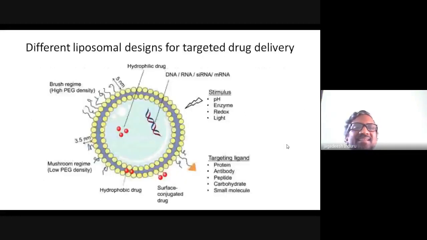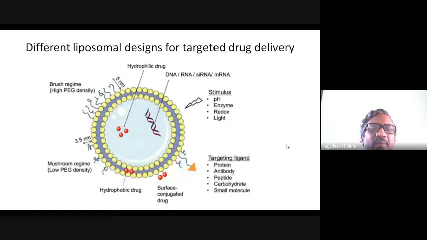If you see here, these are the designs you can make, in a nutshell, in a single slide. This lipid bilayer present on the screen has yellow dots where the hydrophilic heads are facing, and the tails are present in the center, the blue zone, which is lipophilic in nature.